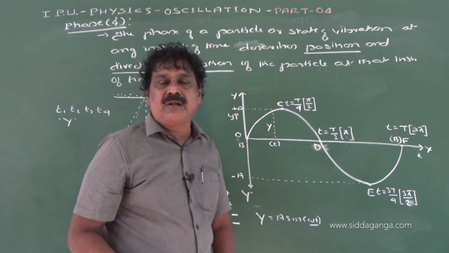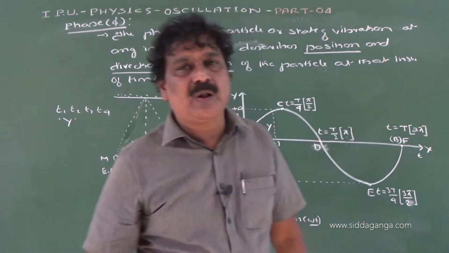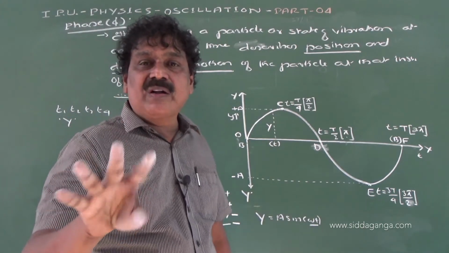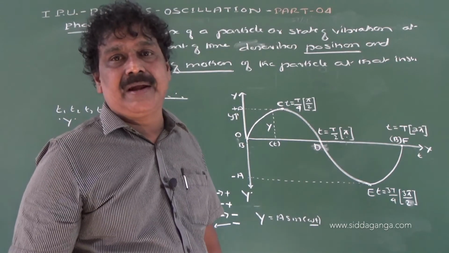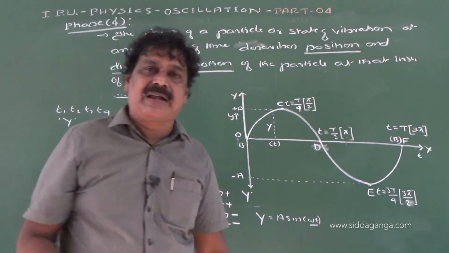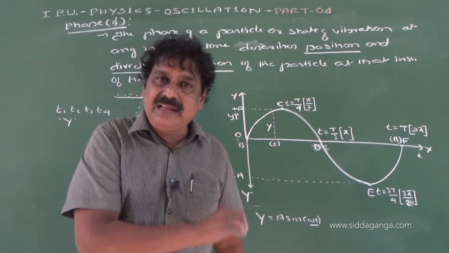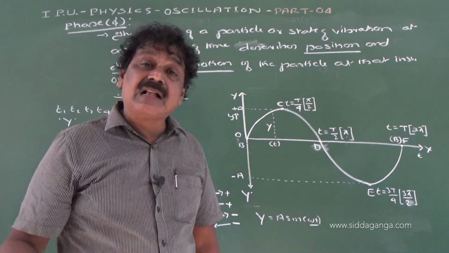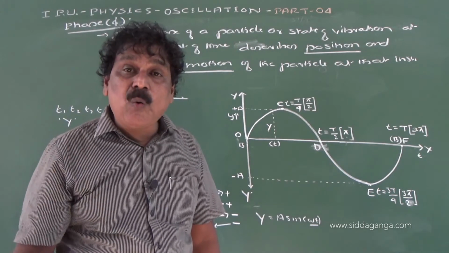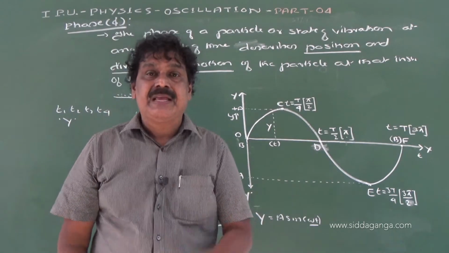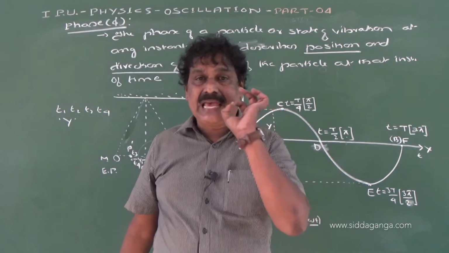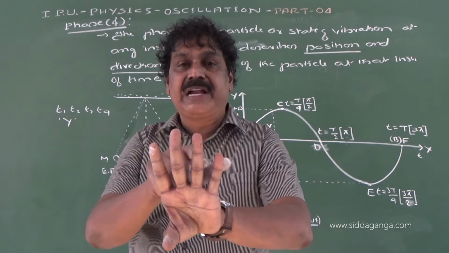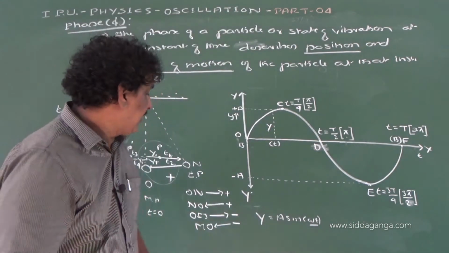So, in oscillation or simple harmonic motion or vibration, the particle has 4 directions of motion. When locating the particle, that means finding its distance from the mean position, it is also important to know the direction, because it can have the same displacement at 4 different instants of time.